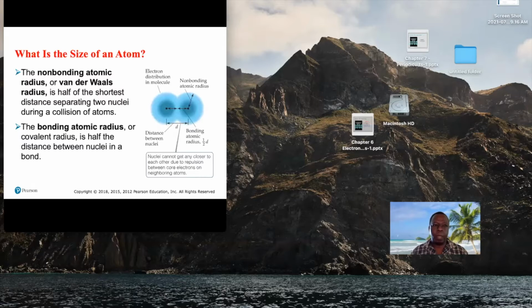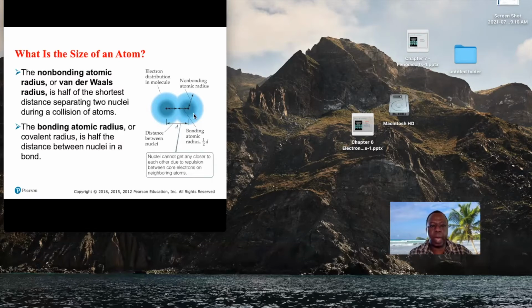Now, before we look at the trend on the atomic sizes on the periodic table, it's good to understand the definition of atomic radius versus the bonding atomic radius.